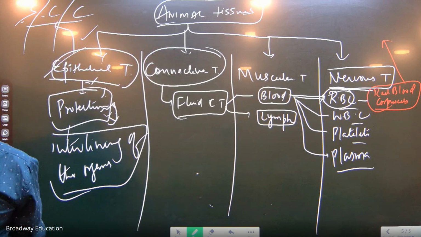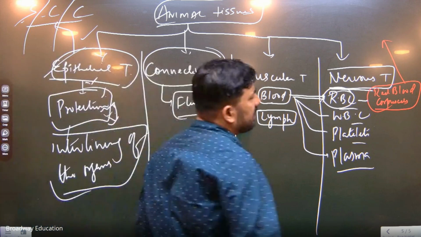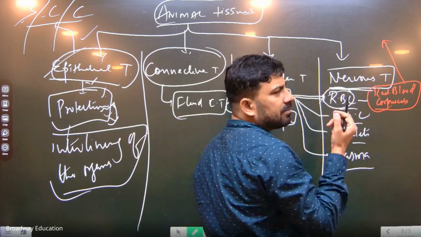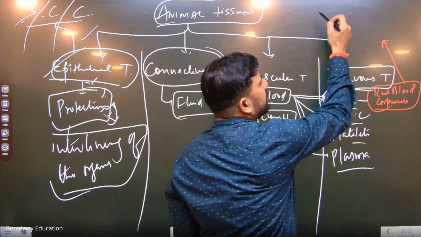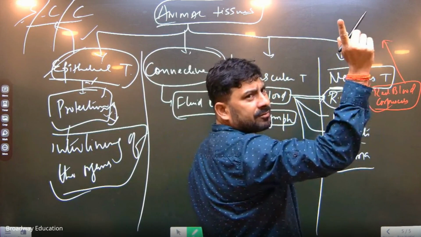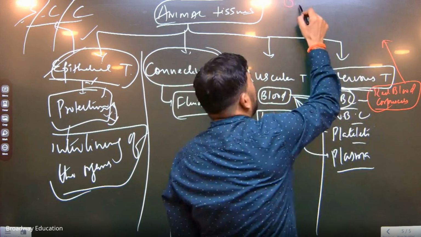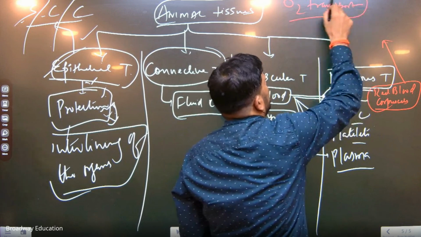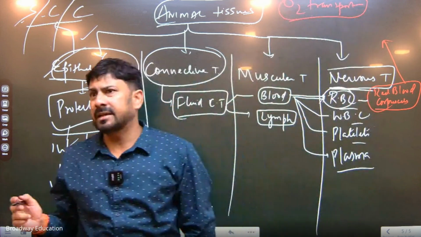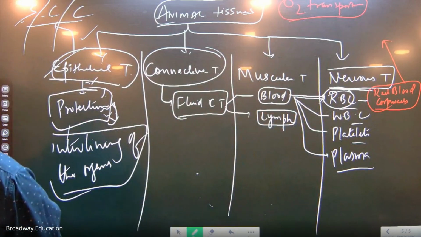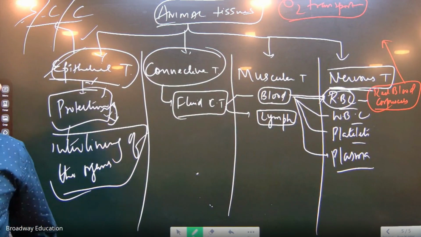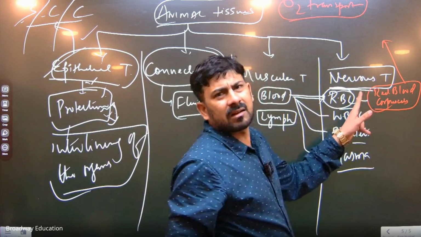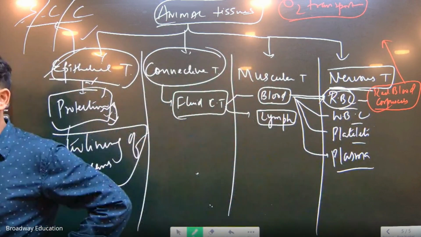So four questions come out from here from RBC. Ready my point? If we talk about RBC, red blood corpuscles, its main function is O2 transport. So when we talk about O2 transport, you tell me which pigment is there in our RBC?